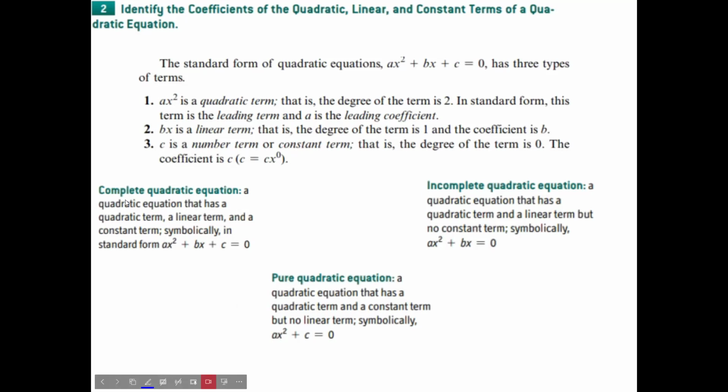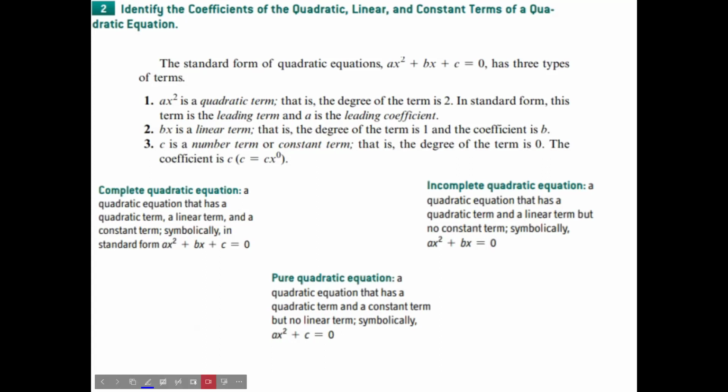So a complete quadratic equation is when all terms are there. An incomplete quadratic equation is when you don't have the constant term, so c is 0. And a pure quadratic equation is when you have a quadratic term and constant. If c is 0, x is 0, just one solution, right?